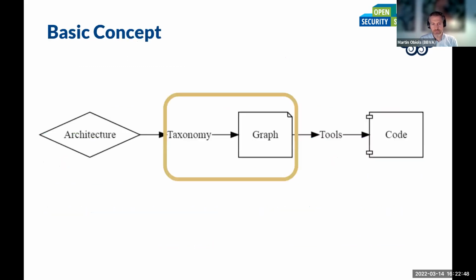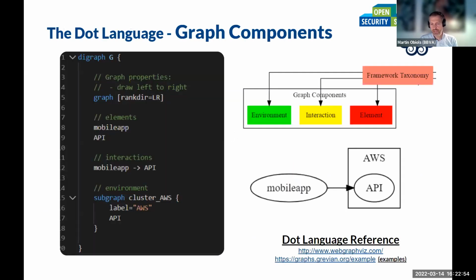Okay. So how do we turn this taxonomy into a graph? We will make use of the DOT language. The DOT language is used by tools such as Graphviz to generate diagrams and graphs from text files. You can see an example right there in this screenshot.